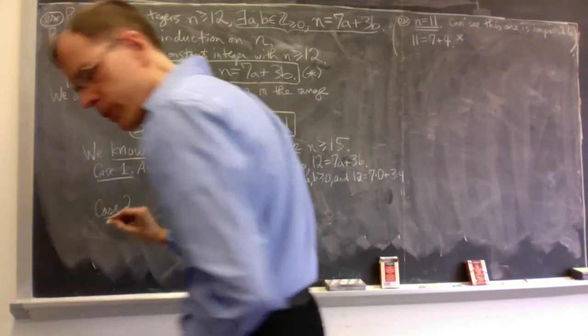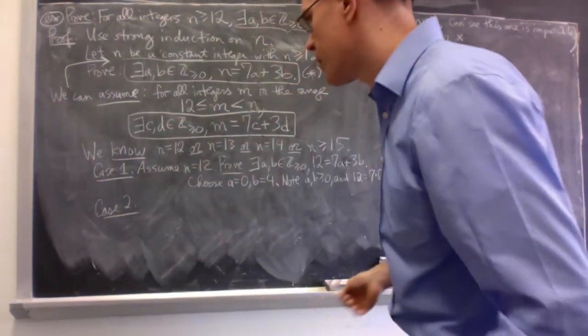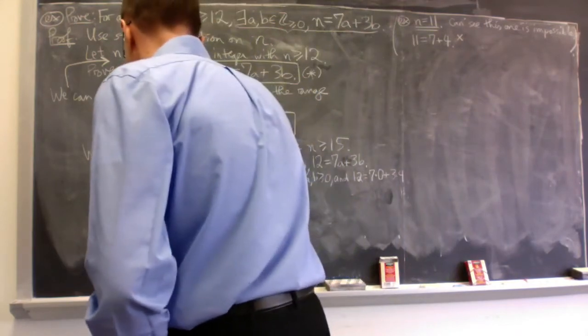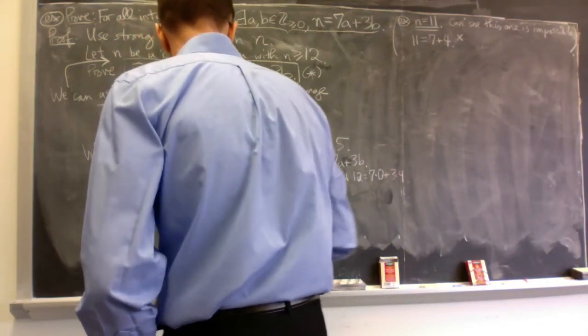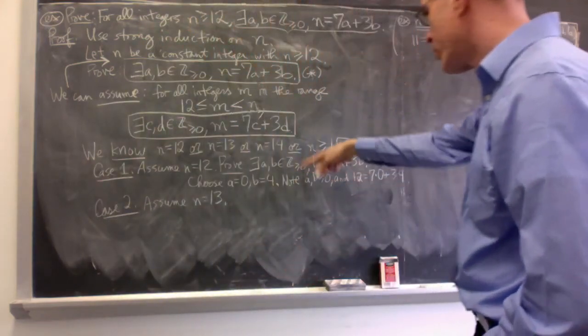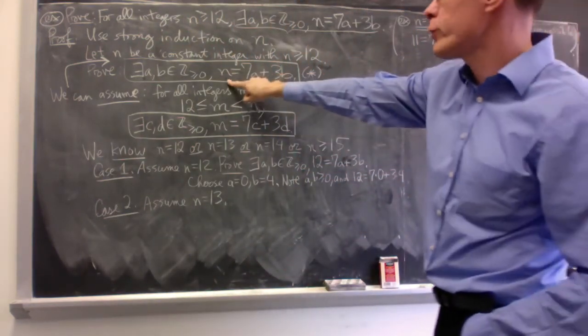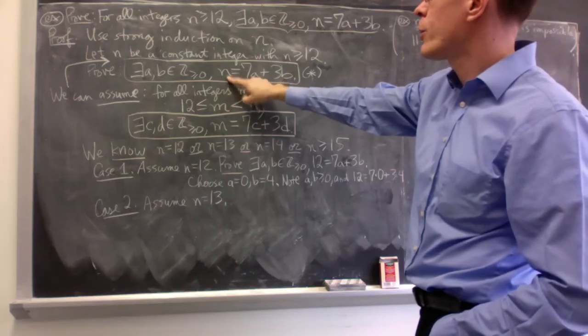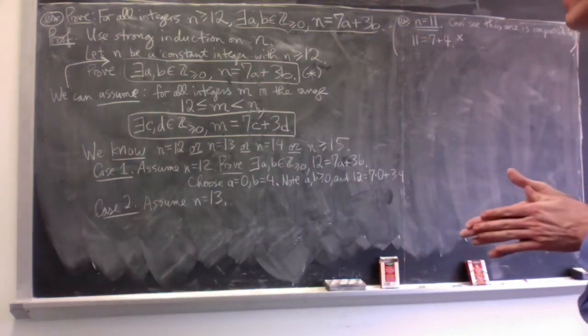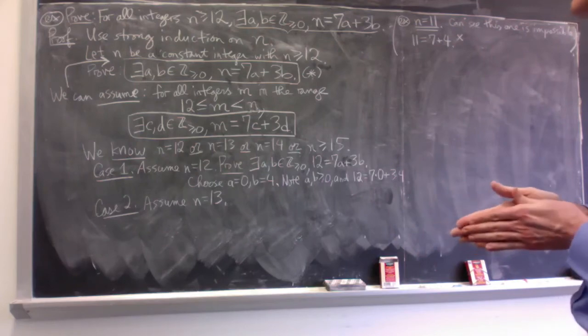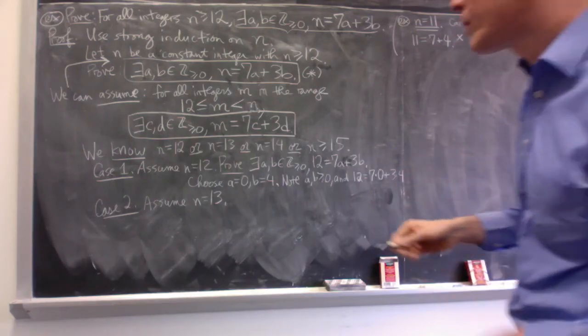All right, so that's what you're going to do. Case 2: n equals 13. I won't keep writing the statement. How do you do that? 13 equals 7a plus 3b. Here you just try stuff, and eventually you see, okay, 7 plus 6.